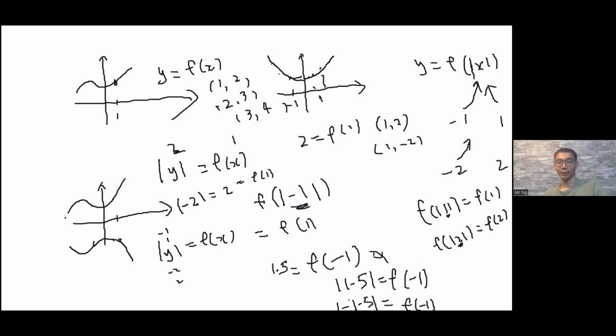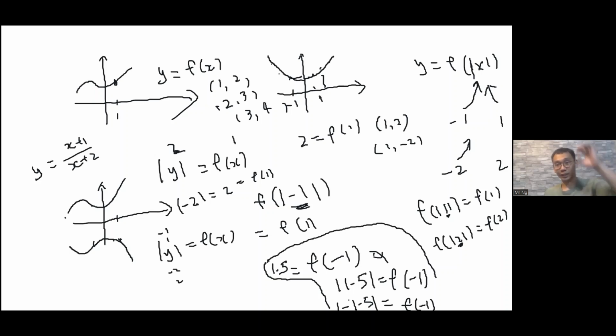I think the part that students get very confused is this part. I don't know whether you grasp what I was trying to say. But then let's say x plus 1 over x plus 2 equals y. There's a very specific combination that satisfies this equation. That specific combination, for example, is 1 comma 2 over 3.